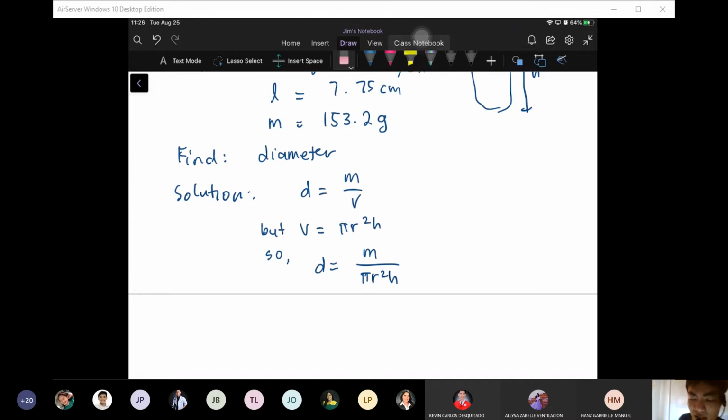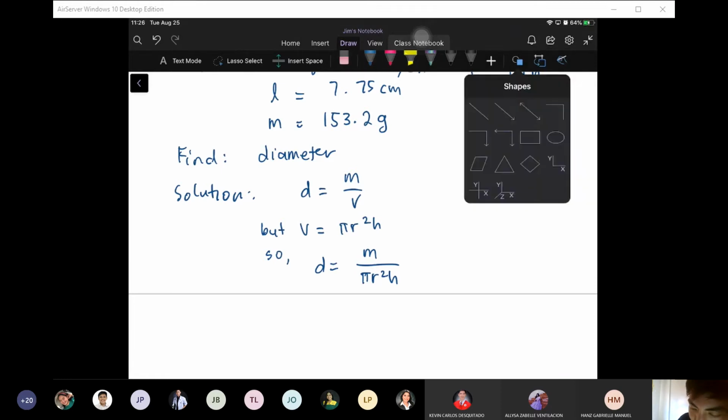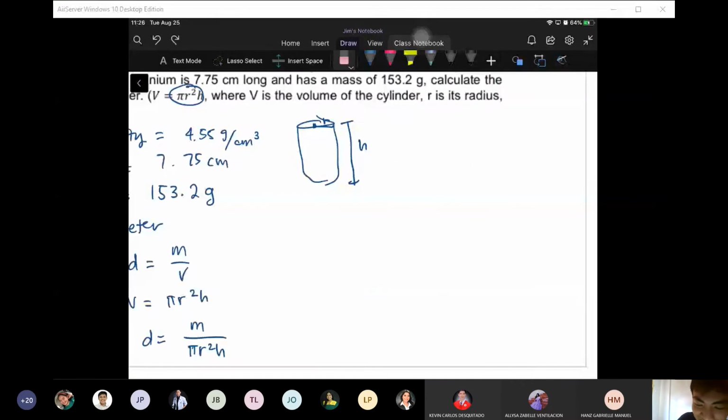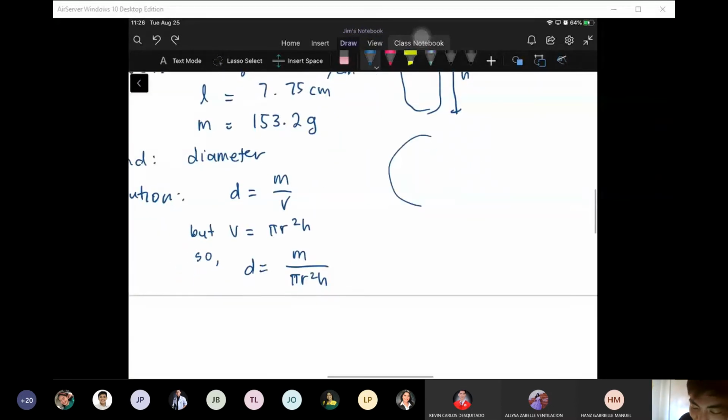Well, let's recall circles, no? So, if this is the radius, what is the diameter? That is the cross-section area, diba? You think may relationship si radius and diameter?